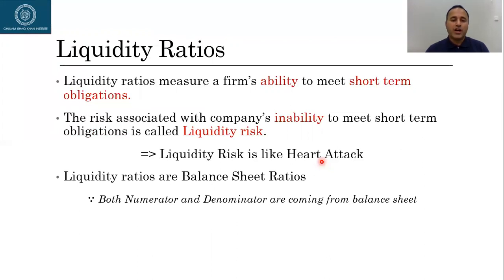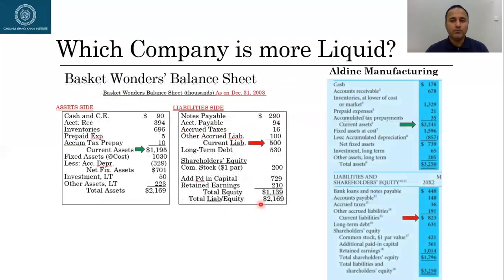Liquidity ratios are balance sheet ratios. The reason they are balance sheet ratios is that both numerator and denominator come from the balance sheet. So if I ask you a question, there are two balance sheets.